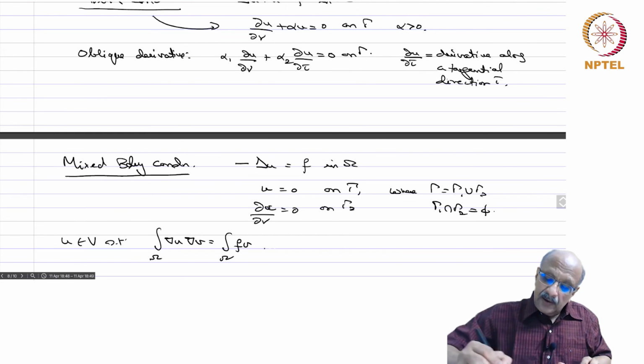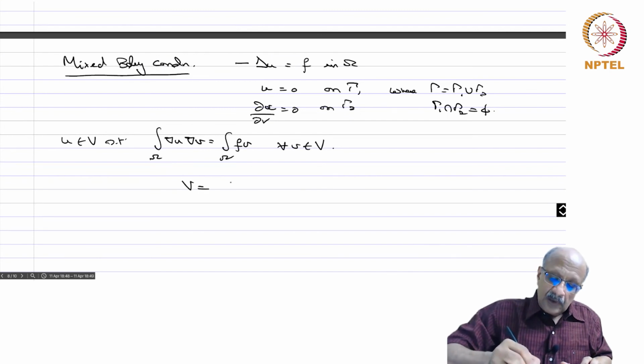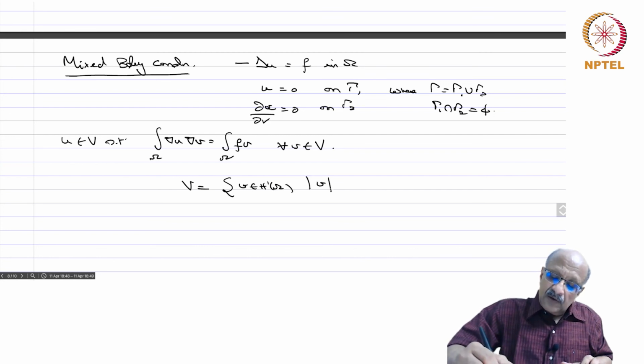This is for every v in V, and what will be V? It is the set of all v in H1 of omega such that v restricted to gamma 1 equals 0.